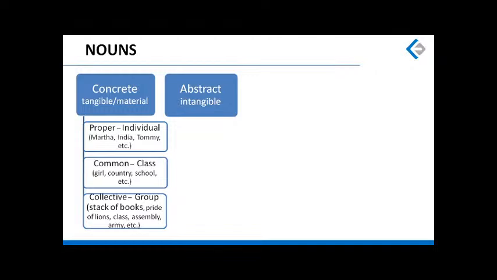You do not have any collective noun if you put fruits and flowers together. What is also important about collective nouns is that a collective noun always means an undefined group. When I say undefined, it means the number is not defined.